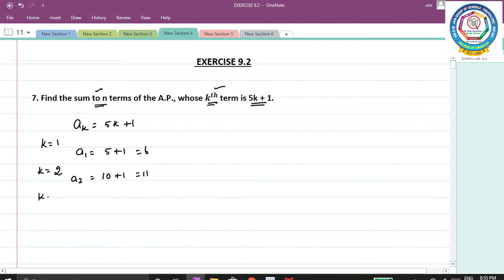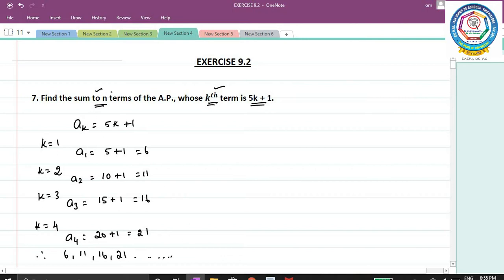Then k equal to 3, a3 is equal to 5 threes are 15, 15 plus 1, 16. Then k equal to 4, a4 equal to 5 fours are 20, 20 plus 1, 21. Therefore, the sequence is 6, 11, 16, 21, and so on.